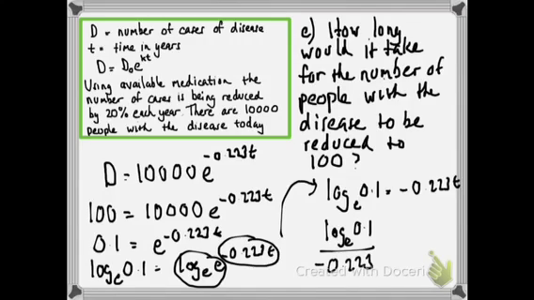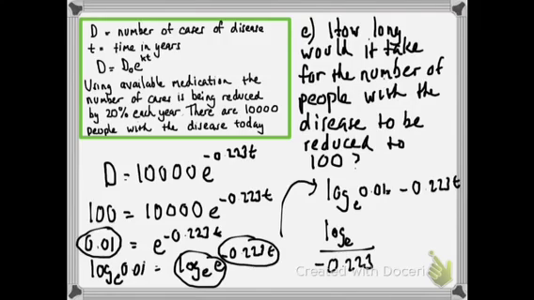and you should get, I've made a mistake here because that should have been, beg your pardon, that should have been 0.01. So I'll just pause for a moment and replace all my 0.1s with 0.01s. Apologies for that. 100 divided by 10,000 is 0.01. Not 0.1.